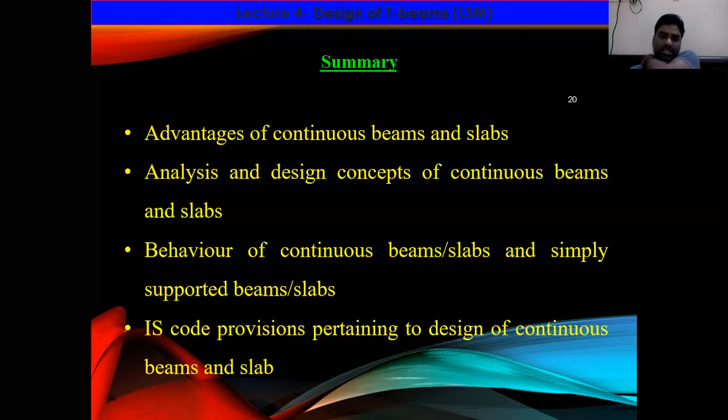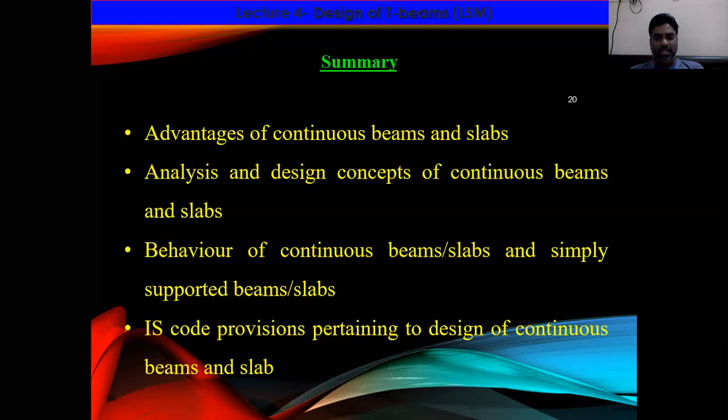That means the method proposed by IS 456 2000 is applicable only for beams having more than or equal to three spans, and the difference between the two spans should not be greater than 15% of the longest span.